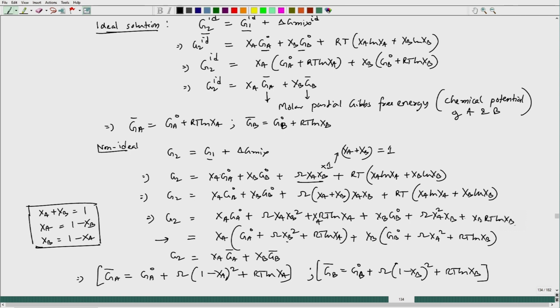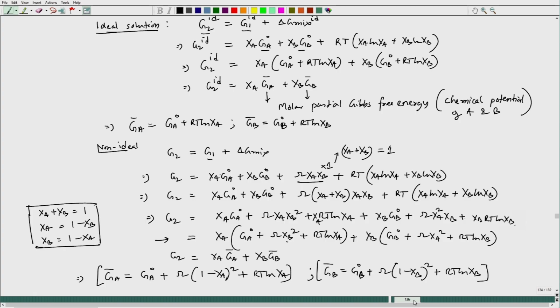Now, that means when we talk about ideal as well as non-ideal, a regular solution model is active there. In order to distinguish a regular solution from an ideal solution, that could be done with the help of the excess function.